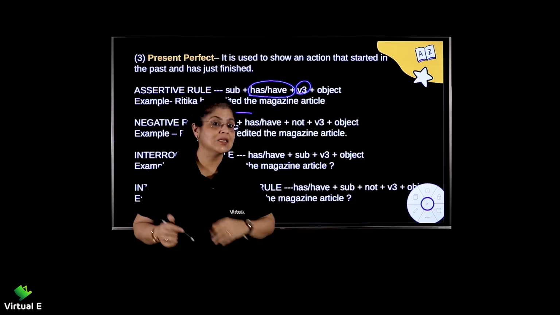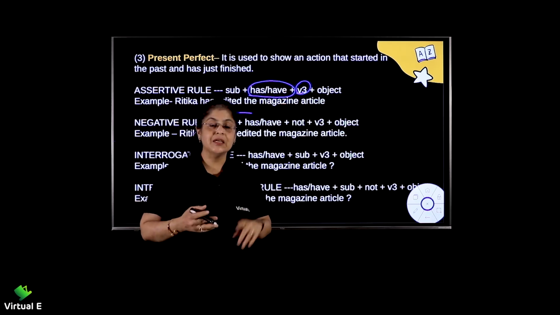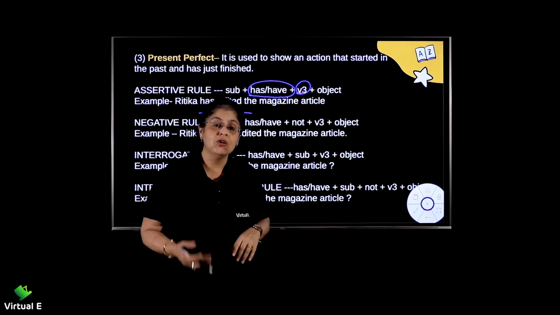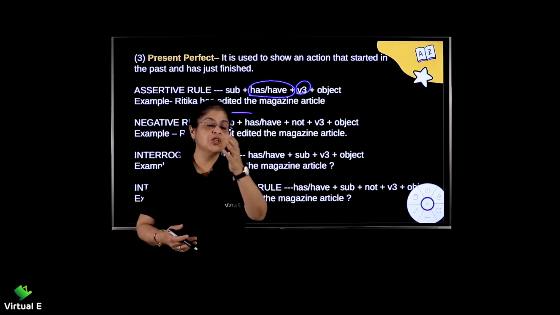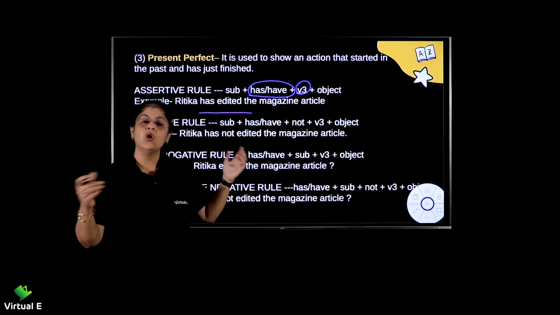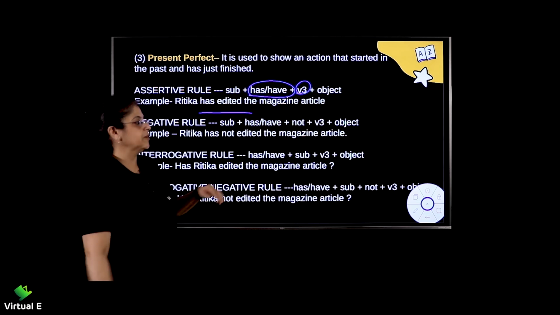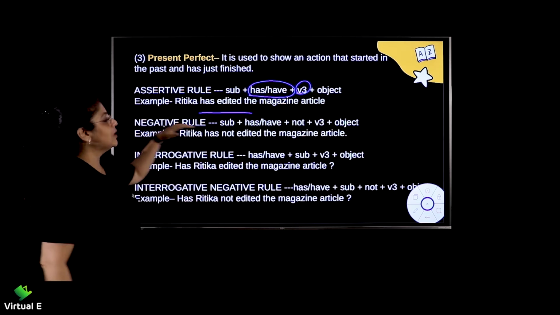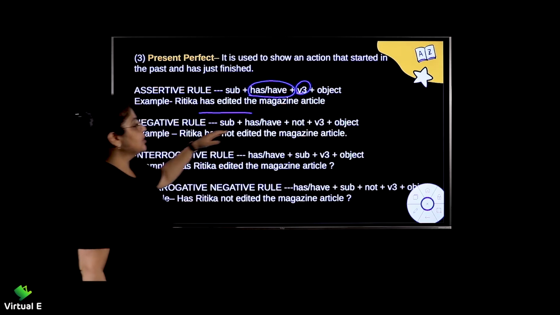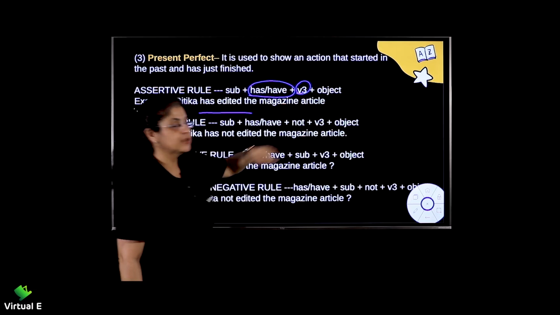So all the last ones that I'm talking about, eaten, done, gone, these are all your verb 3. If not, you can definitely look over. You have a whole list of verbs where you have all the verb 3 forms. Go through them, right? Then you have the negative rule: subject, has, have, not, verb 3, object.